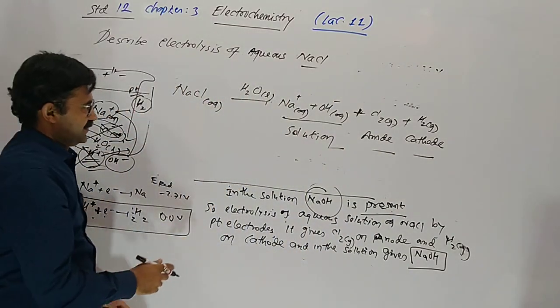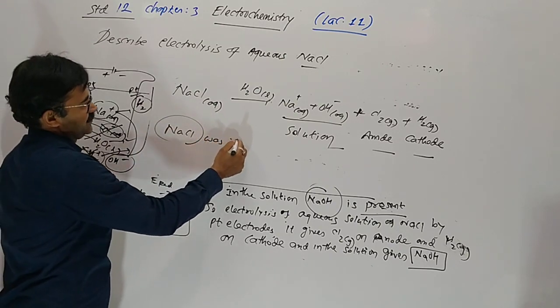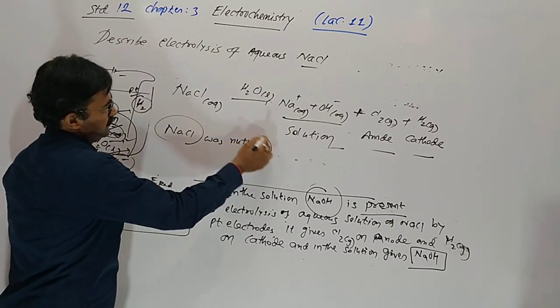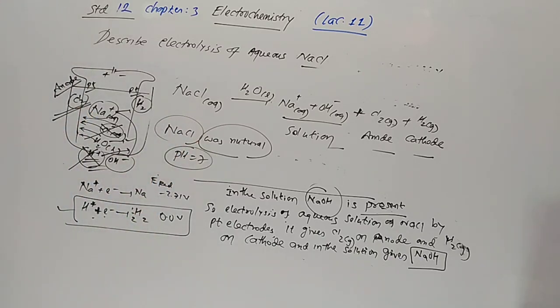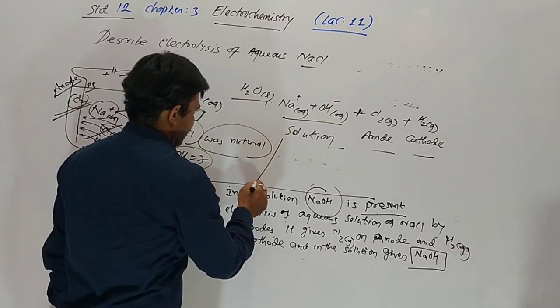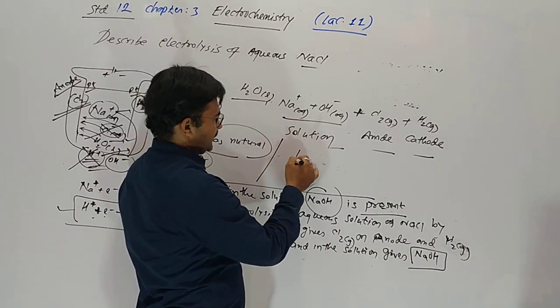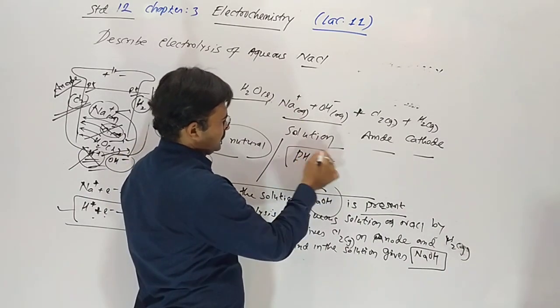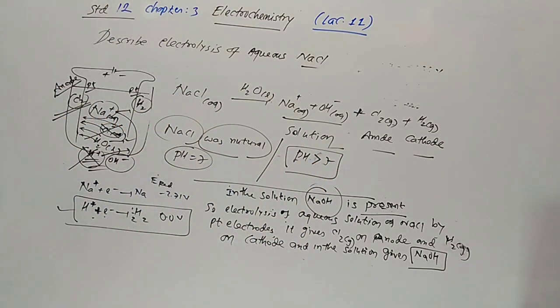Understood? Now the solution of NaCl was neutral before electrolysis, and the pH of that was 7. Now after electrolysis, NaOH means basic. Our solution became basic. So pH now will be more than 7.